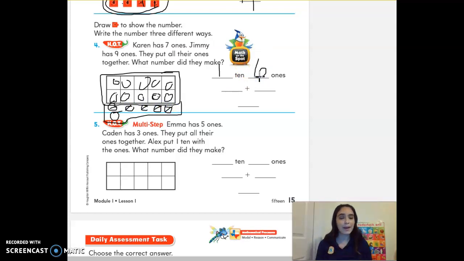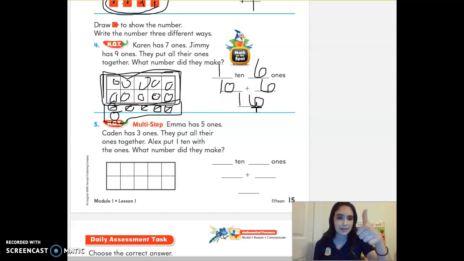So now if I want to write my addition sentence, okay, I know that I have 10 ones is equal to 1 ten plus my 6 ones that are under my 10 frame. And because I know that my 10 frame has 10, I'm going to start with 10 plus 6 more equals 16. All right, great job, guys.